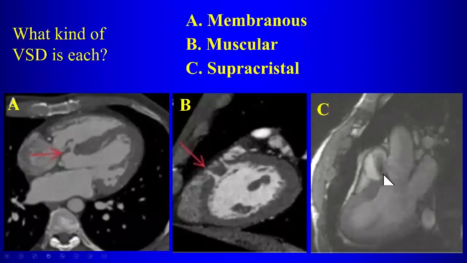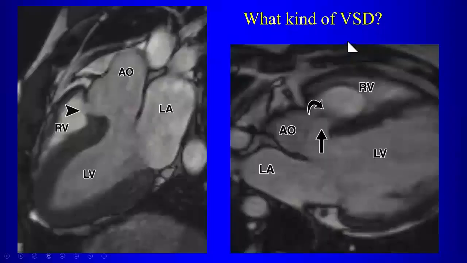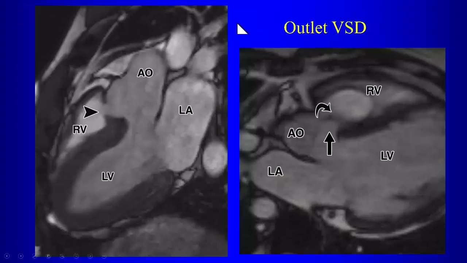It can be difficult to differentiate those from the membranous ones sometimes. But the membranous ones occur through the thinnest portion of the interventricular septum. That one is of course through the muscular portion, and then this turns out to be a very high one there, supracristal. Again, here's another example of a supracristal. You can see here the sinus of Valsalva seems to be coming down very close. So that's an outlet VSD.